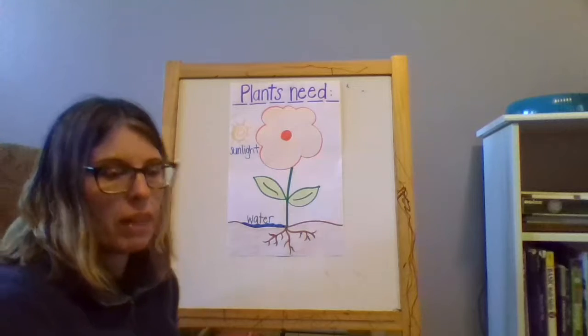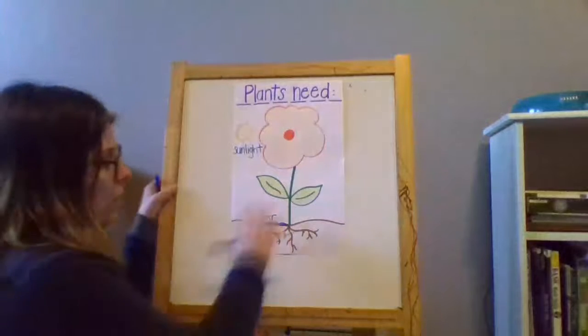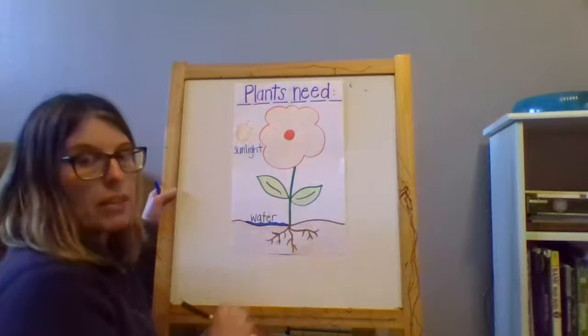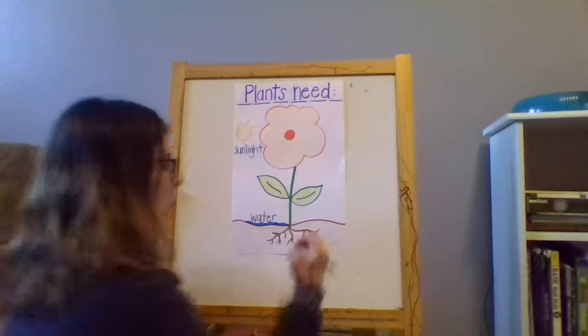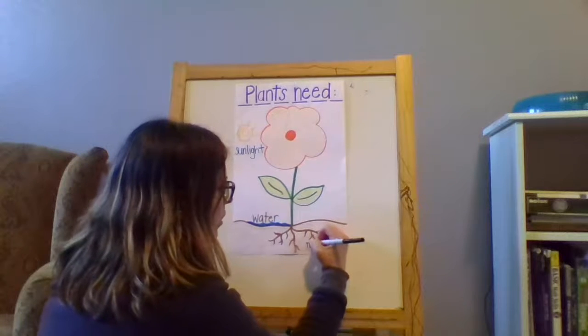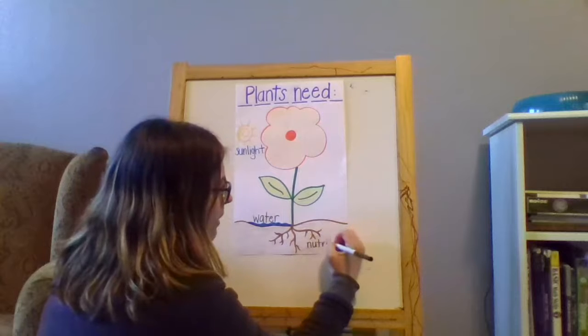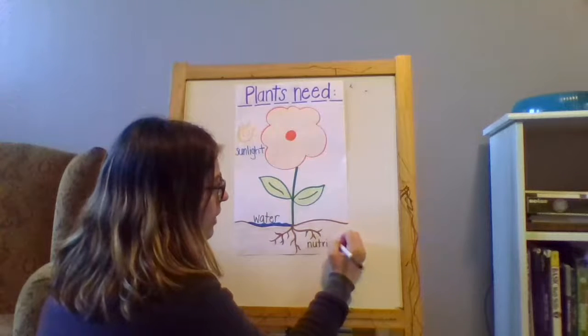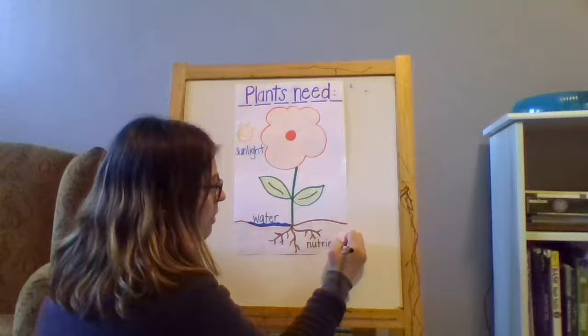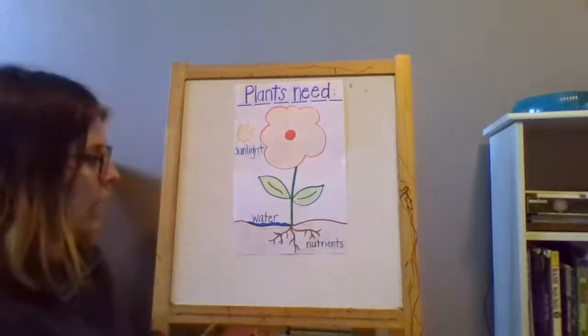So there's different kinds of minerals that the plants will absorb, and the roots help them take that out of the soil. So instead of just writing soil, I'm going to write the word nutrients. You can think of it like vitamins for the plants, nutrients. Okay, so they need nutrients.